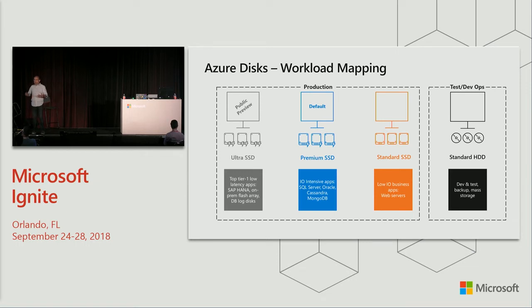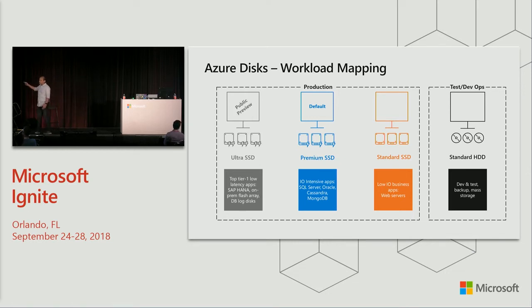That will include the things that you typically run on on-prem SAN arrays and so on. For premium SSD, it is the default choice. Most of your production workloads will map into that disk. That will include any enterprise database application, IO-intensive enterprise workloads that need low latency and consistent performance.